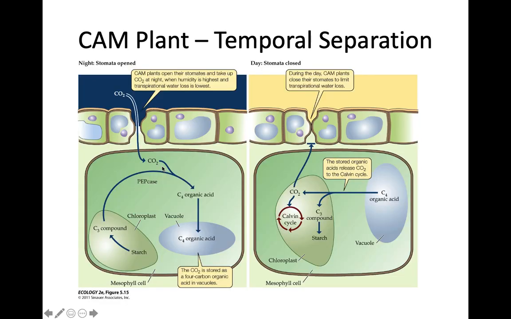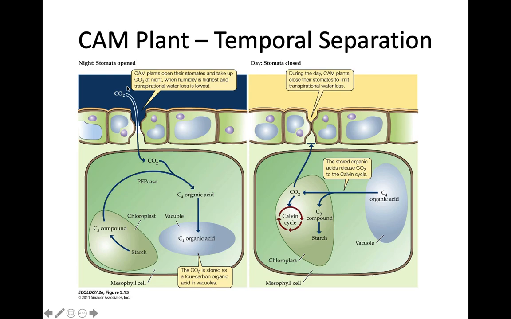And this is just another illustration of CAM plants and how they have the temporal separation. So at night, you've got that CO2 coming in to attach to its cozy little bed, which is malate, this organic acid. It's coming in here to bind, and then during the day, it's jumping out of its malate bed and going to its home office in the Calvin cycle and doing its job here.